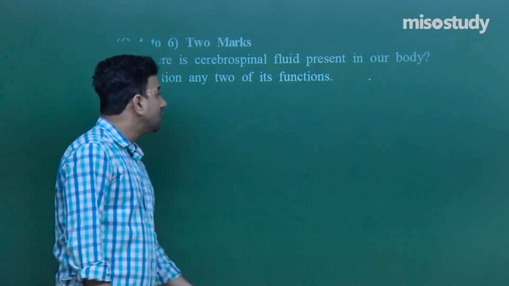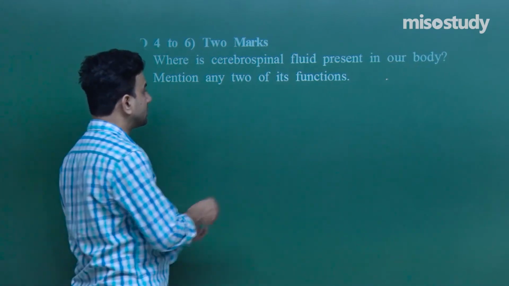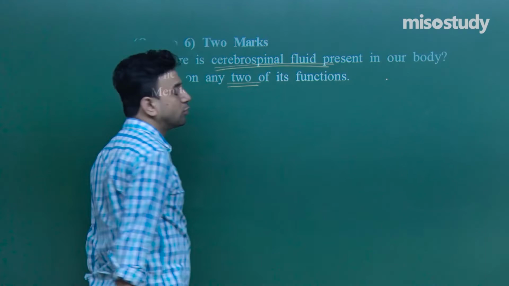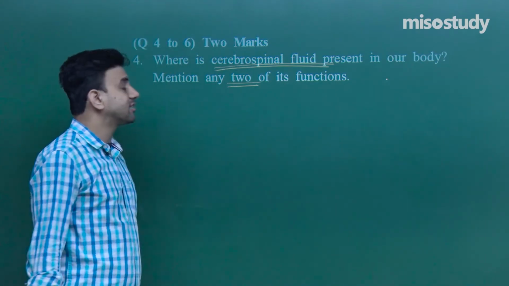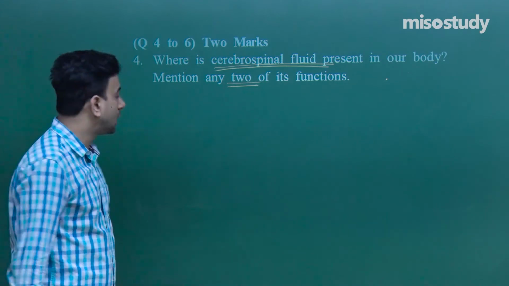Where is the cerebrospinal fluid present in the body, and mention any two of its functions? As the question has moved to 2 marks, they are mainly asking two sub parts, that is, where is CSF present in our body.